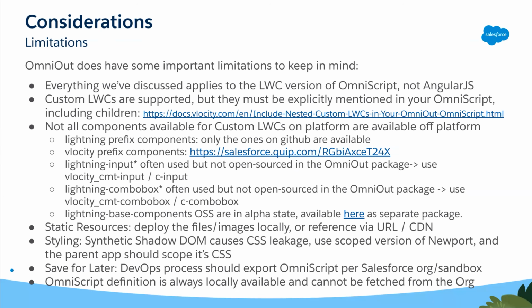The custom LWCs, as I already said, need to be explicitly mapped into the OmniScript. And this is valid for second level, third level dependencies, and so on. If it's just a standard component override, you don't have to do anything. We will pick it up for you.